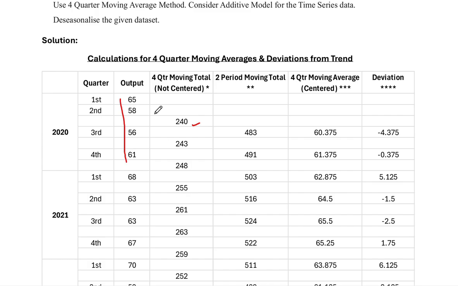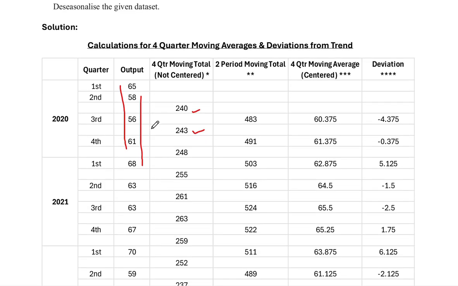Next, we will exclude the first output and add the fifth output. In this manner, we will calculate next 4 outputs: 58, 56, 61 and 68. So total of all these 4 is 243. Now we will exclude 58 and add 63.